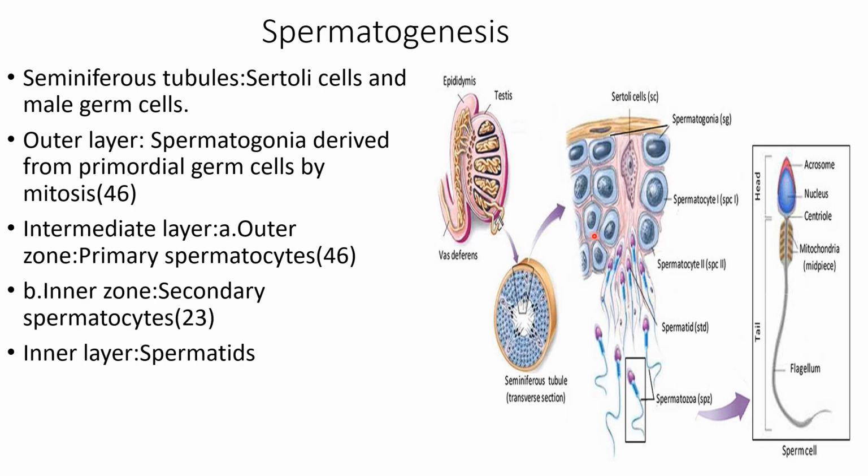Then in the inner layer, we have the spermatids. The secondary spermatocyte will undergo the second meiotic division and form the spermatids. Okay, so this is all about the seminiferous tubule and the cells present within the seminiferous tubules.